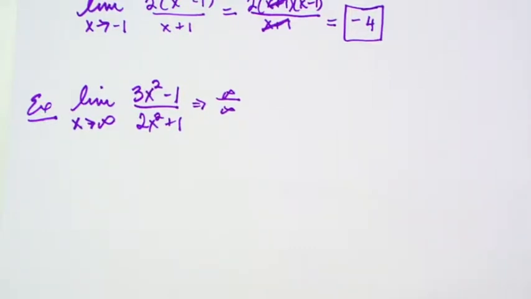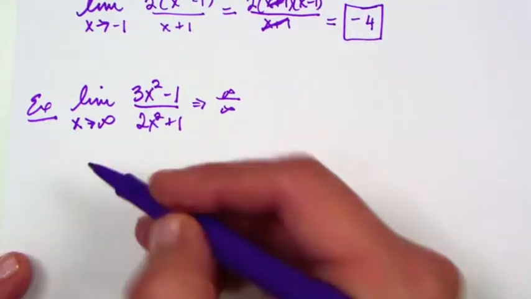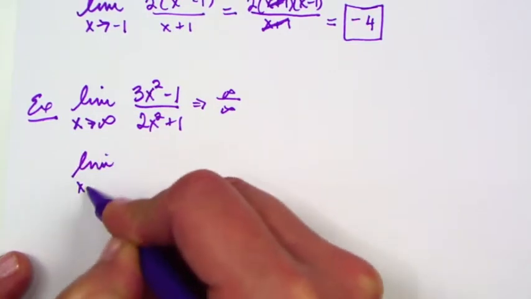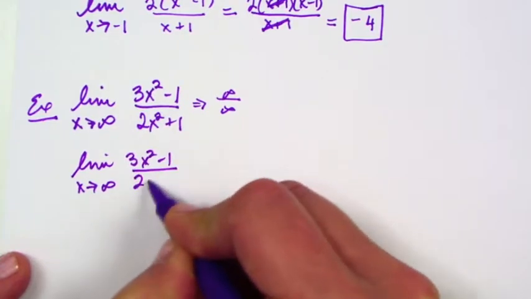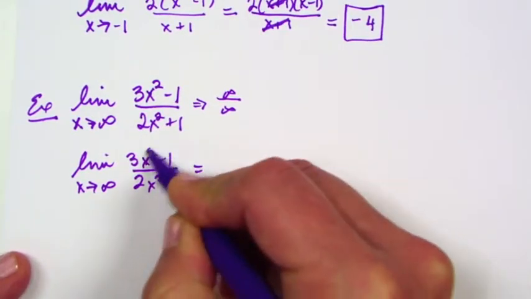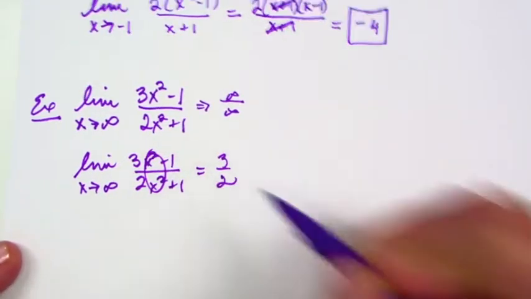What did we say you could do in that situation? You could check your highest degree terms. If they are the same, as they are here, I get 3 over 2.